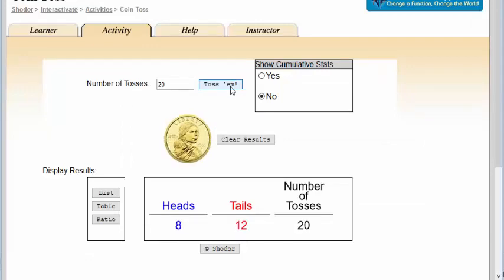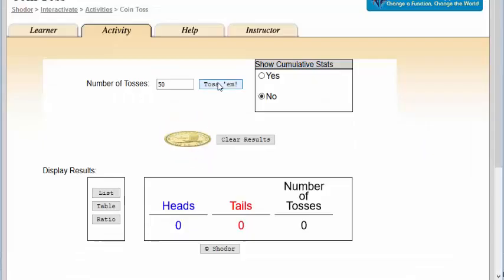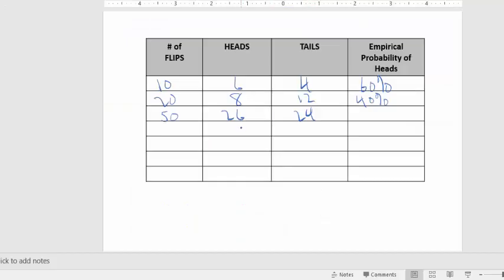Now I got 8 heads and 12 tails. So this is actually 8 out of 20, which is 40%. Now let's say I do 50 tosses. If I do 50 tosses, I got 26 and 24. And 26 out of 50 is going to be 52%.